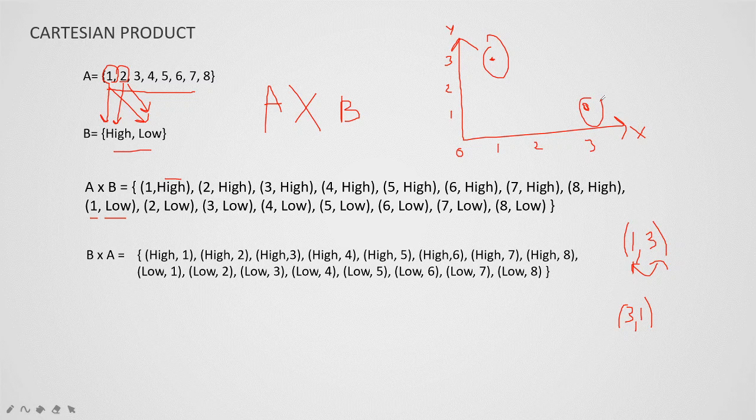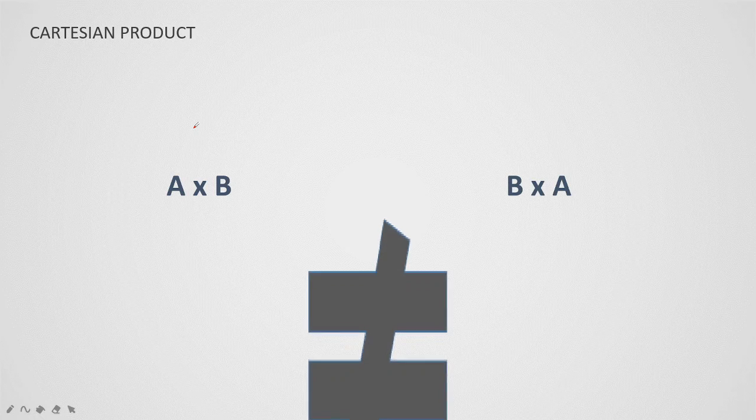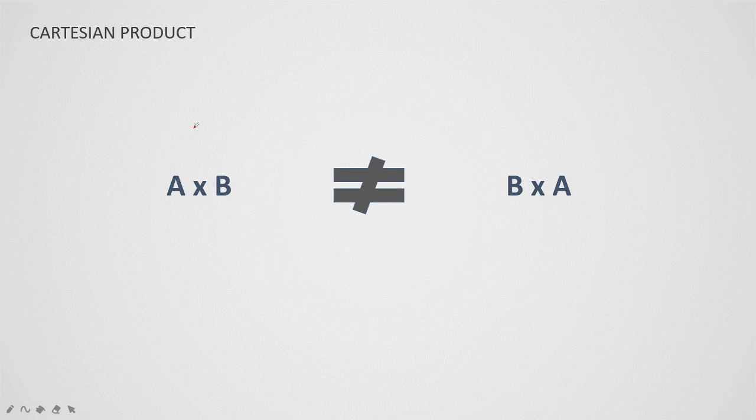This is one example why I say A cross B is never B cross A. If you look, the number of elements is the same. How to find the number of elements? Here A has 8 elements, B has 2 elements, 8 into 2 gives 16 elements. A cross B and B cross A both have 16 elements, no doubt, but both are not the same. A cross B and B cross A are never equal, because the order of the elements is different.